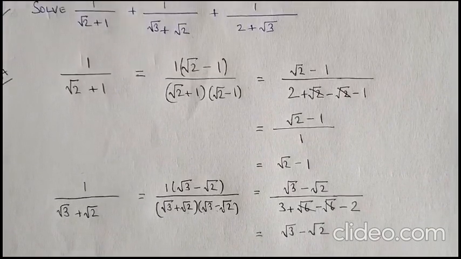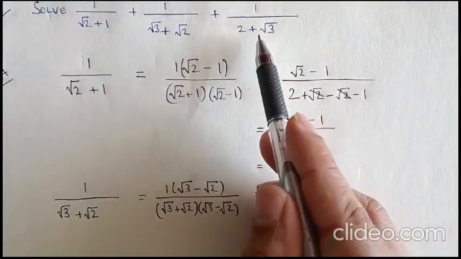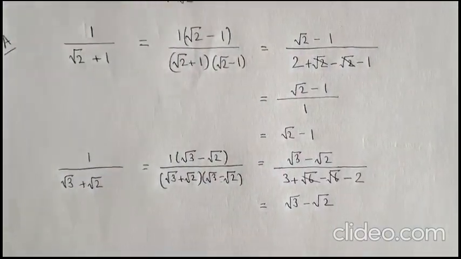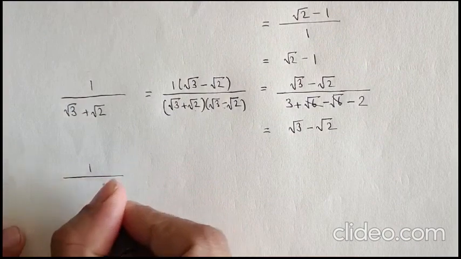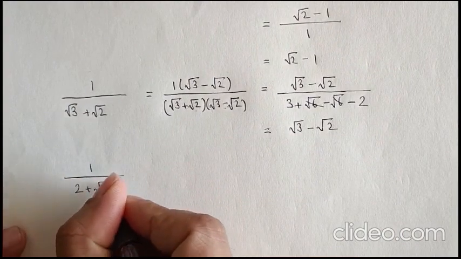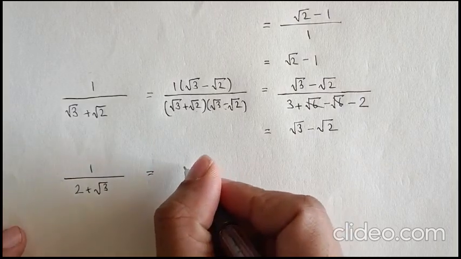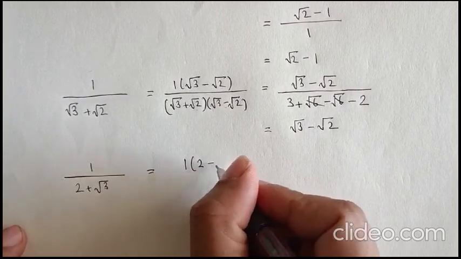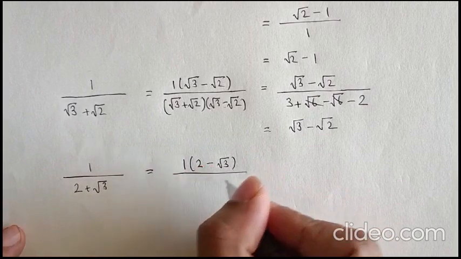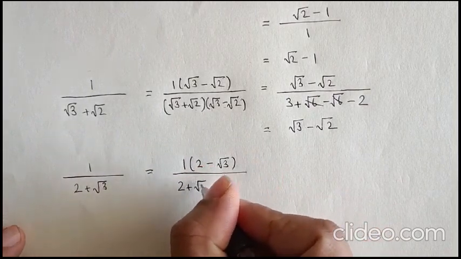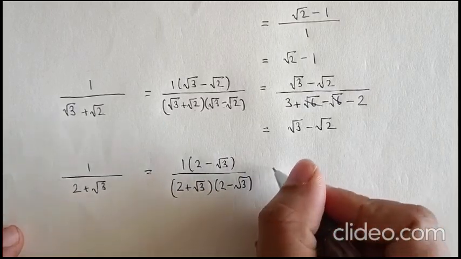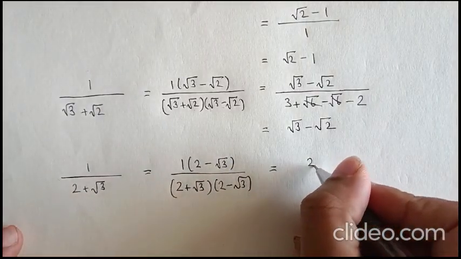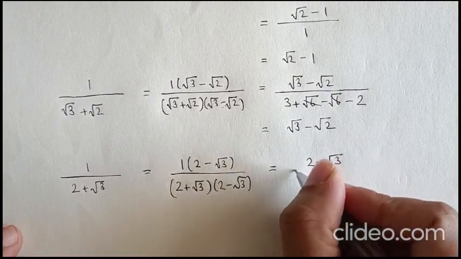Now a third expression, that is, what is 1 divided by 2 plus root 3? Right? So 1 divided by 2 plus root 3 is equal to 1 into 2 minus root 3 divided by 2 plus root 3 into 2 minus root 3. This gives us 2 minus root 3.